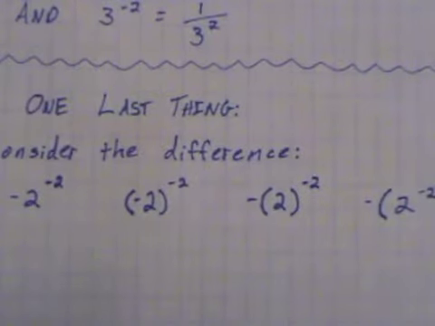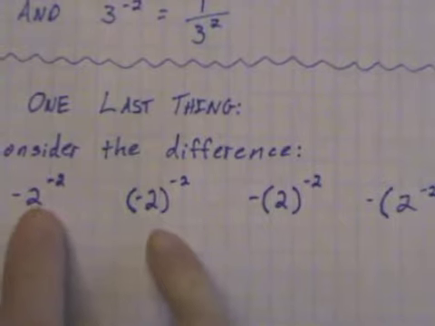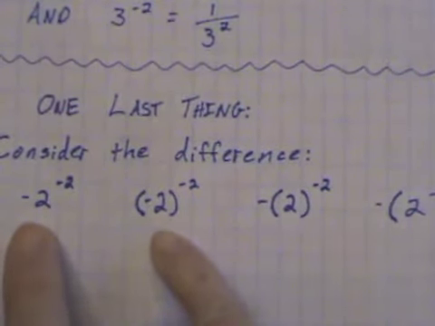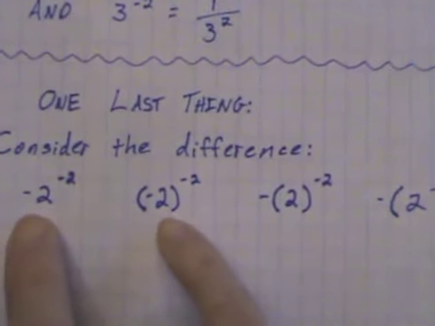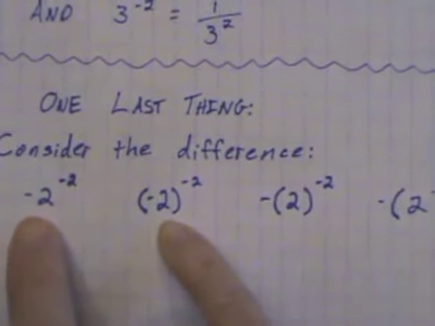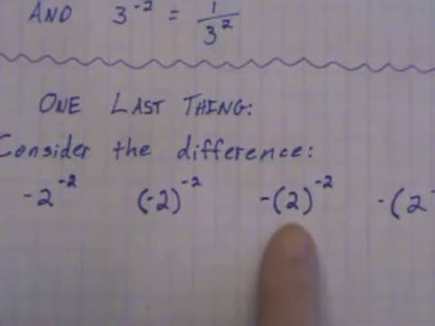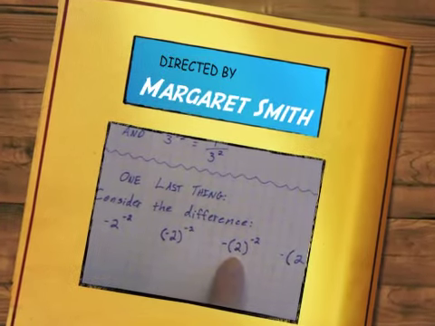Be aware that in the book, they consider these two things to be different problems. I think these two things are the same problem. And if they want the answer of -1/4, they'd better write it this way. The book disagrees.